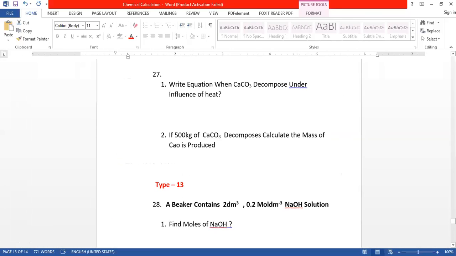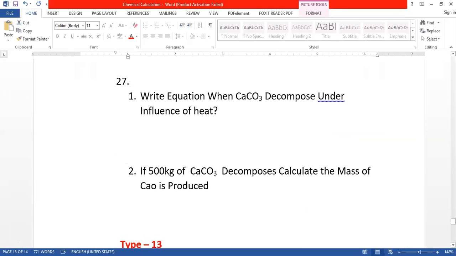Please read this question very carefully. Write the equation when calcium carbonate decomposes under the influence of heat. Do you know calcium carbonate? The chemical formula is CaCO3.